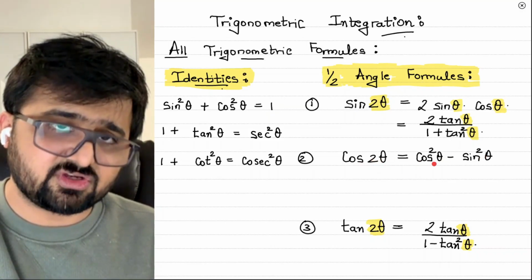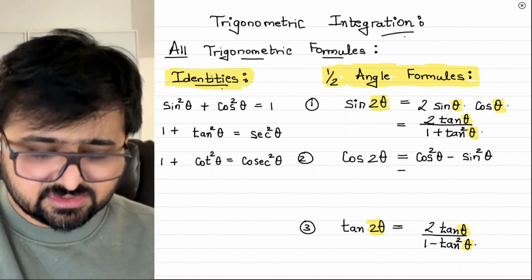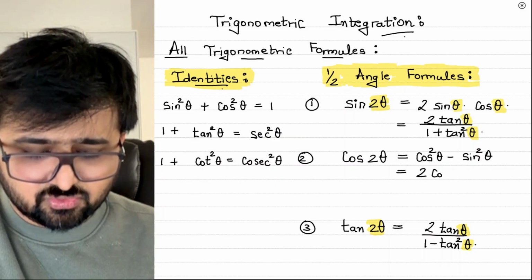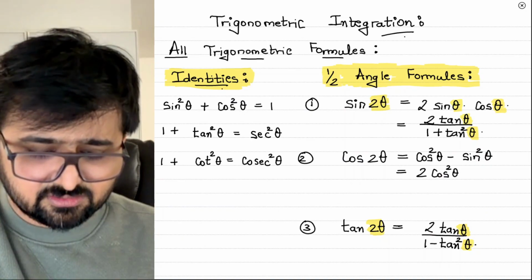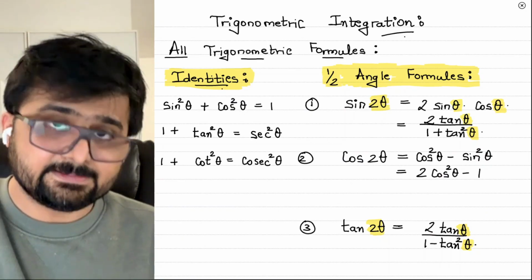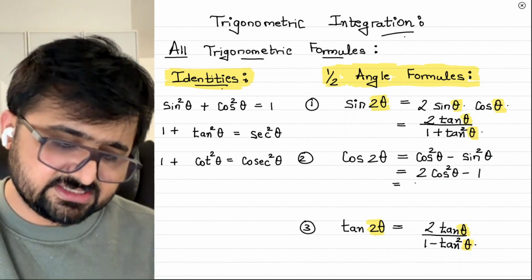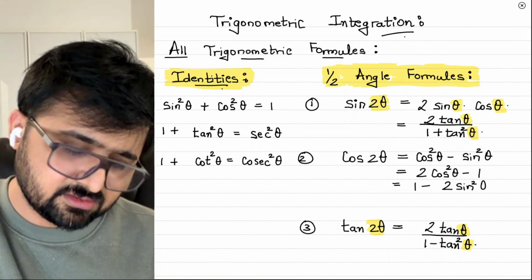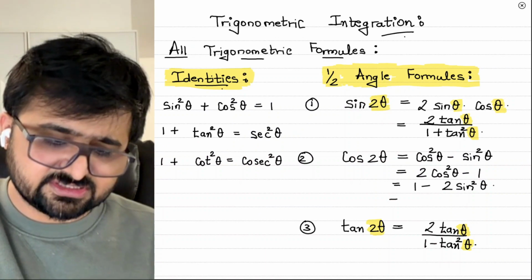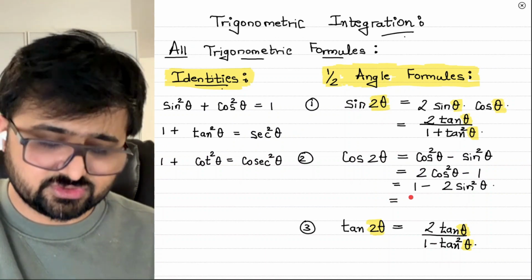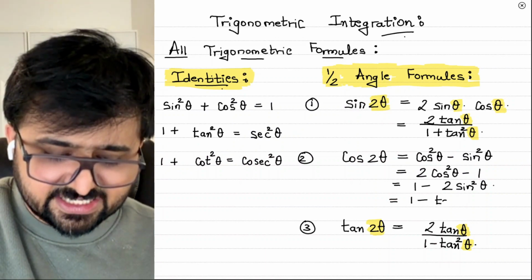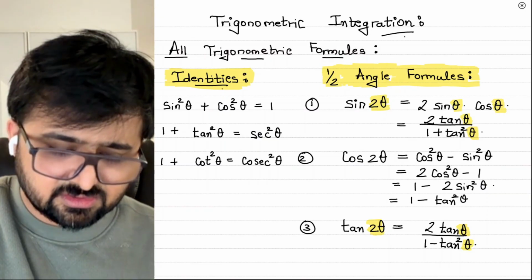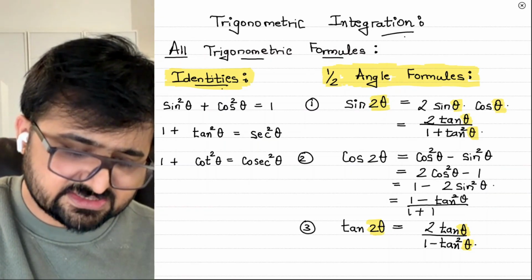The second formula is 2 cos square theta minus 1. The third formula is 1 minus 2 sine square theta. And the last formula, which is the fourth formula for cos 2 theta, is 1 minus tan square theta divided by 1 plus tan square theta.